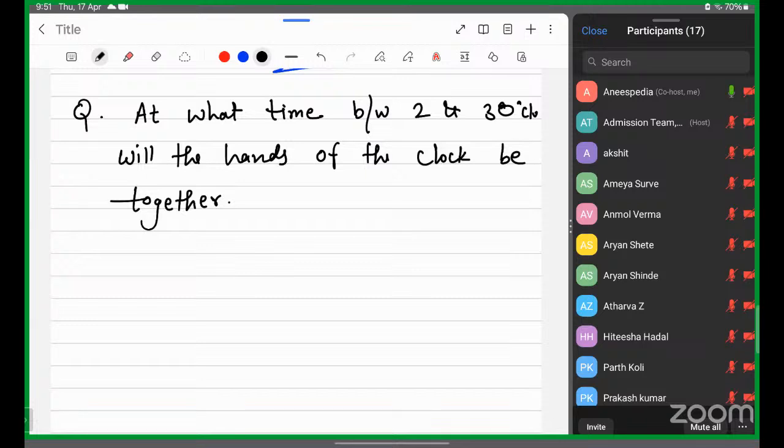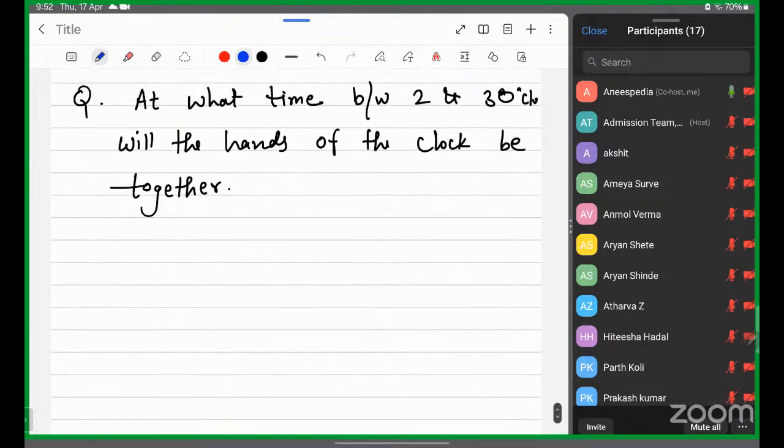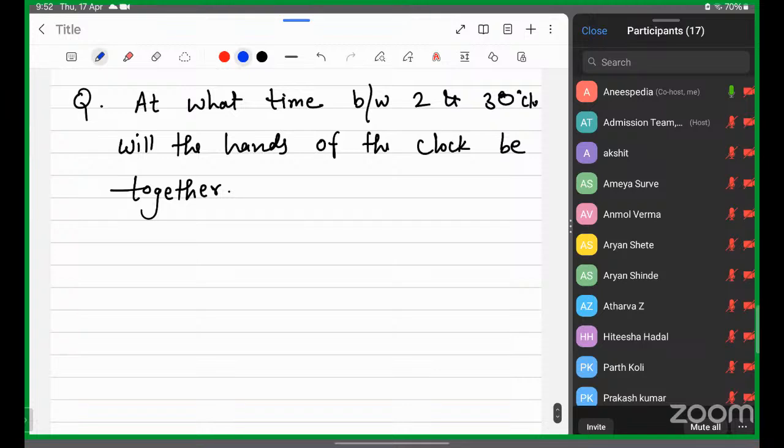And if you want to make them together, then minute hand has to travel in such a way that in between 2 and 3, it will come together with our hour hand. And we know that minute hand moves faster than hour hand. So first of all, we will find out simply in minutes.